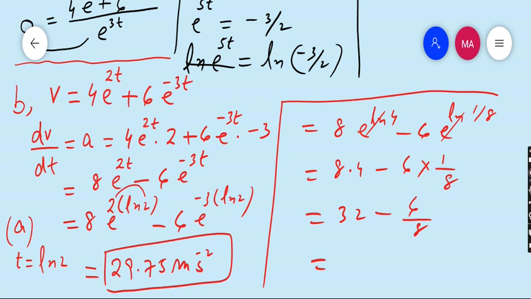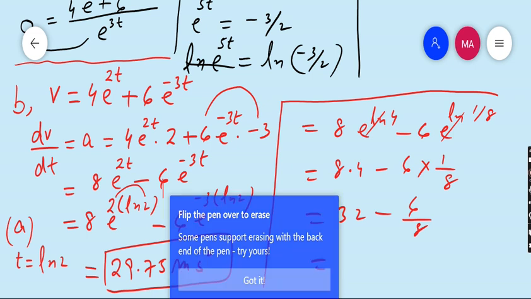Sorry, one thing which I forgot: this 3 must be multiplied by 6, so 6 threes are 18. This is my mistake.